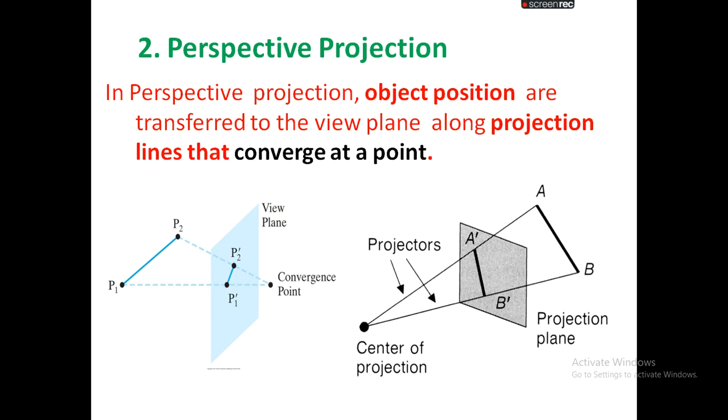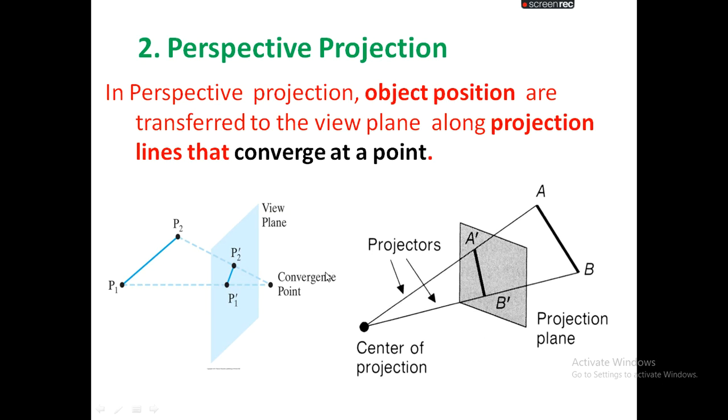This is the definition of perspective projection. When the object description is transferred to the view plane, those projection lines converge at a certain point, and that point is called the vanishing point, or the center of projection.